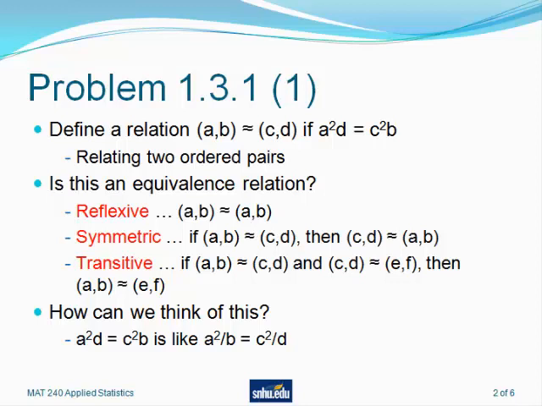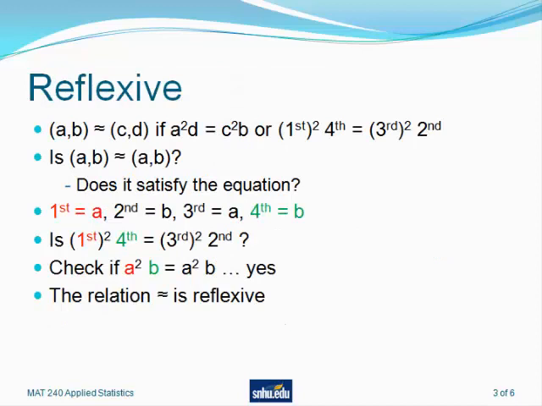First, we're going to prove that it's reflexive. The way I'm going to remember the relationship A squared D equals C squared B is first squared times fourth equals third squared times second. To me, that's easier than remembering ADCB.